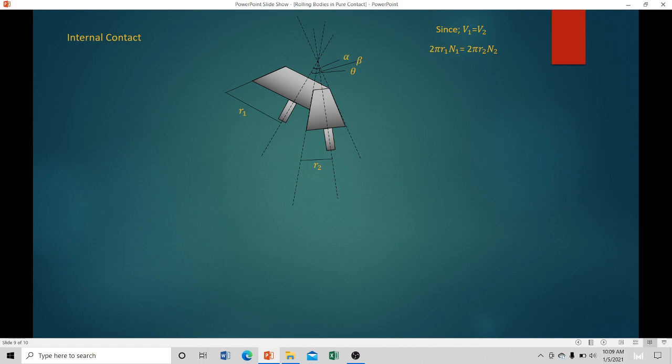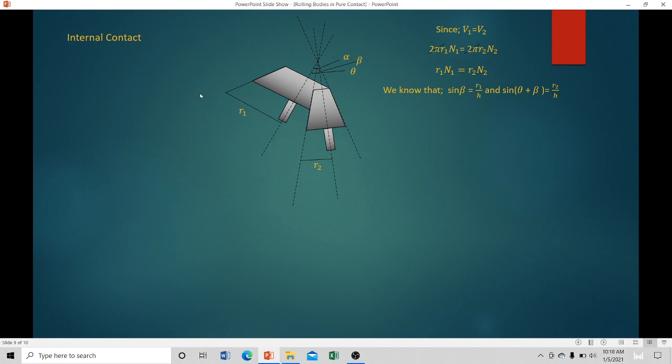We can cancel out the 2 pi, so we are left with R1 N1 is equal to R2 N2. We know from the trigonometric function that sine beta is equal to R1 over H.